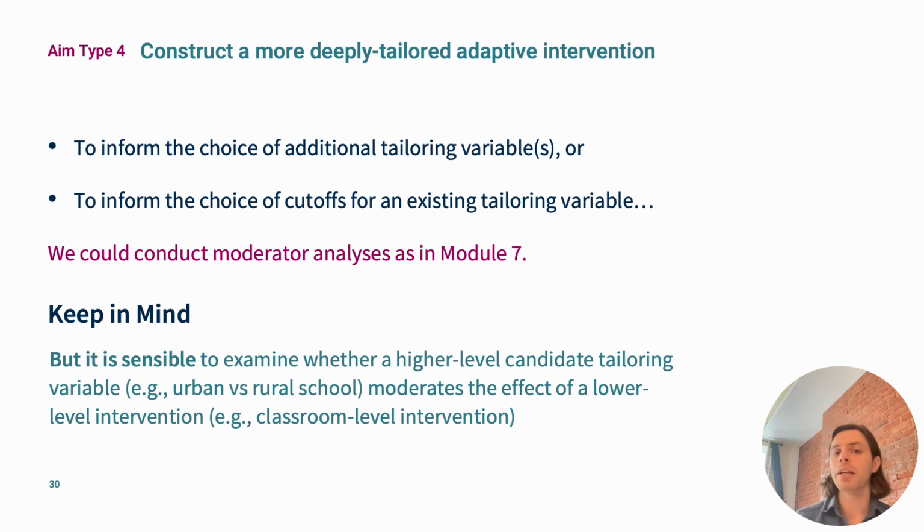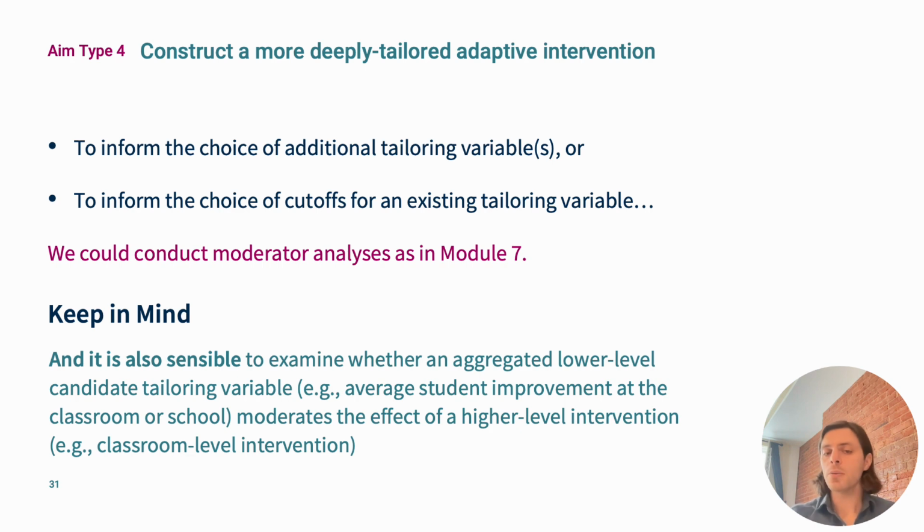That being said, you could examine whether a higher level candidate tailoring variable, so for example, urbanicity of the school, moderates the effect of a lower level intervention, like a classroom level intervention. So you don't want to go bottom up, but you can go top down. You could also examine whether some aggregated lower level candidate tailoring variable moderates the effect of a higher level intervention.